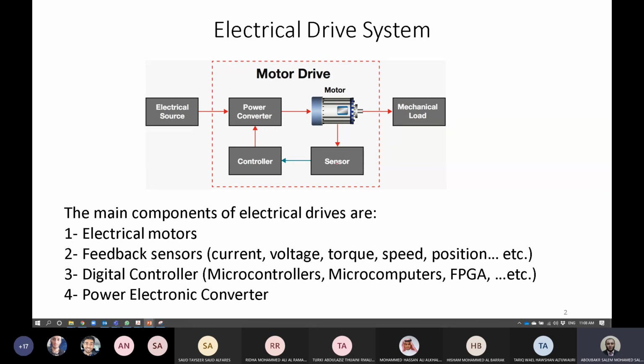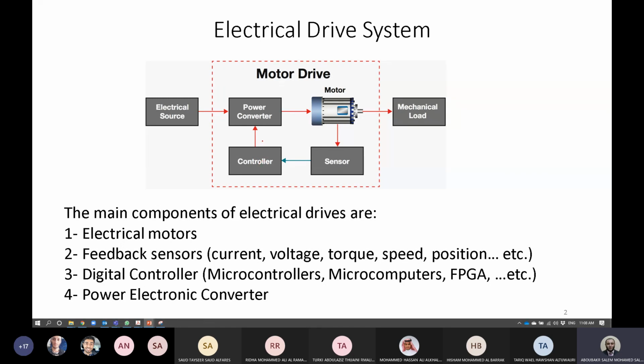Based on the sensed parameters, there will be feedback to a controller, a closed loop control for sure, and this control theory will be implemented within a digital controller.